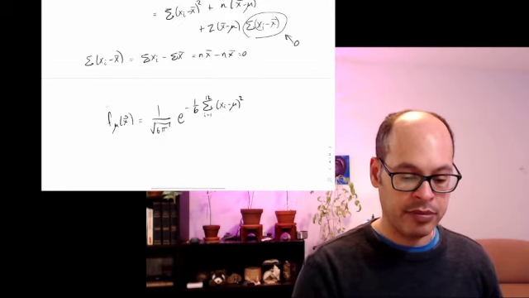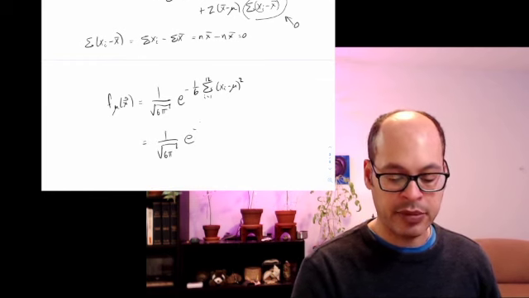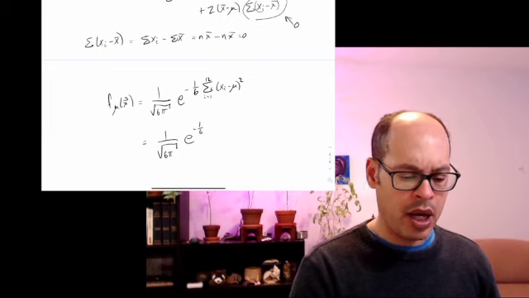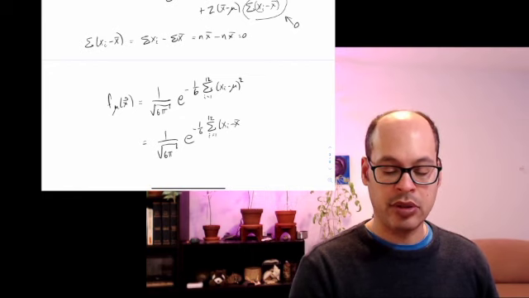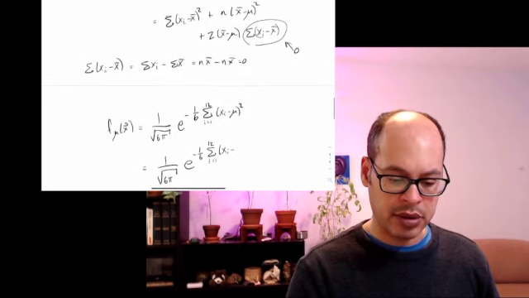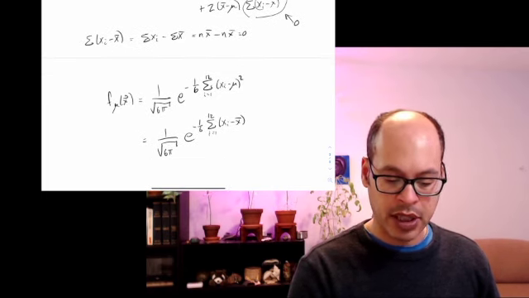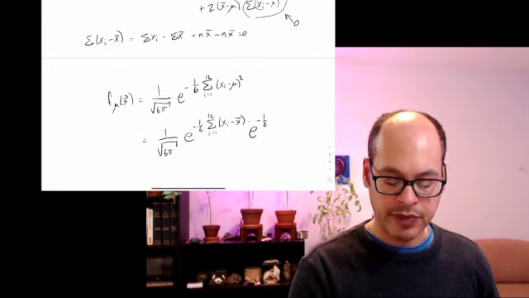And what we get for our joint density function then is 1 over root 6 pi, e to the minus 1/6 of the sum i equals 1 to 12 of (xi minus x bar) squared, and then e to the minus 1/6 times n, so that's 12, times (x bar minus mu) squared.